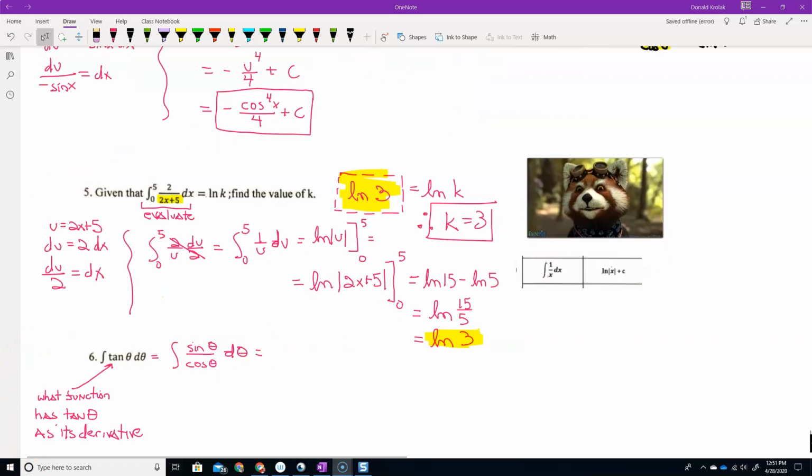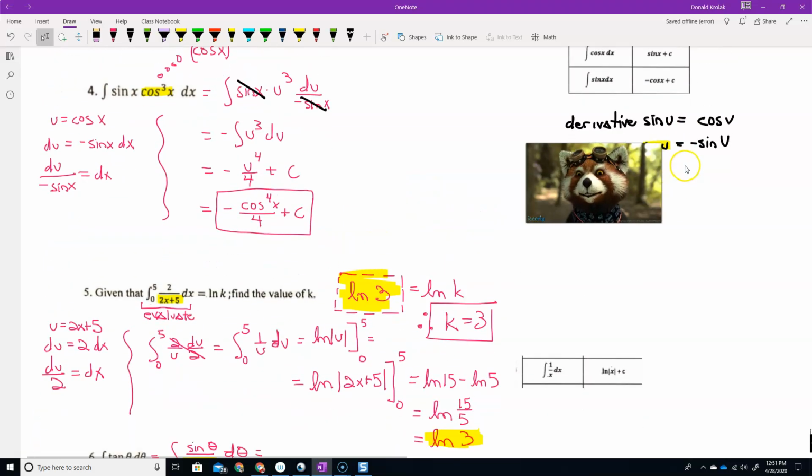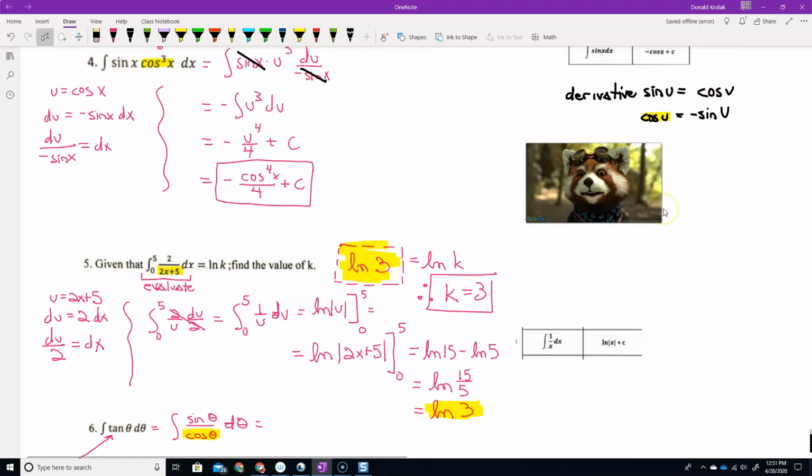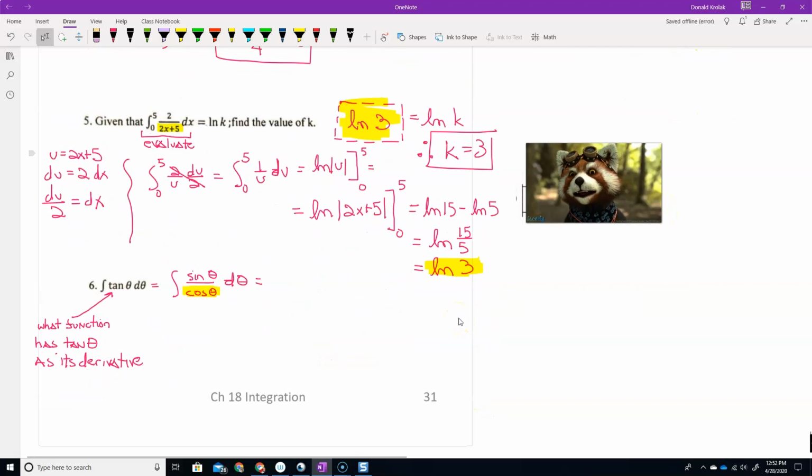So in this case, I'm going to let my u equal the cosine theta, because when I do the derivative of cosine, it's going to equal negative sine, and I can cancel out that sine on the top. So we're going to let u equal cosine.